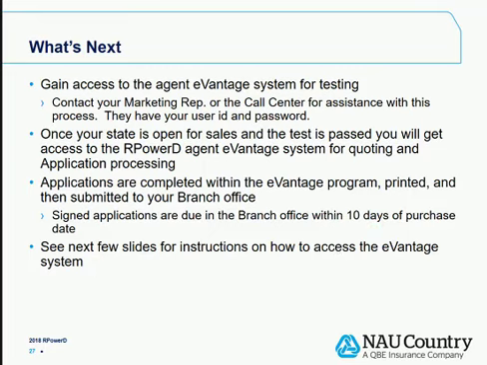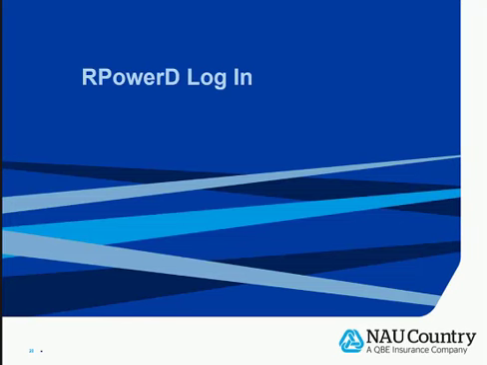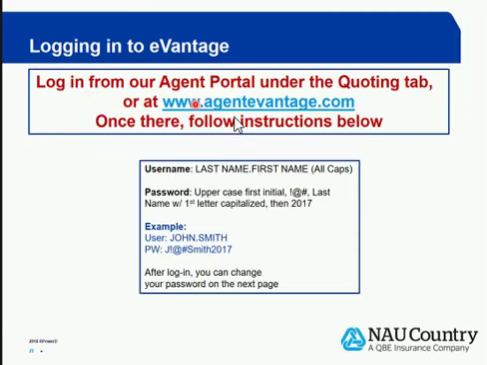And then the next few slides here, I'm going to go through the login. You can see here that this is the web address, agentevantage.com. When you go in the first time, you'll want to put in your last name and first name, all caps, in that order, I might add.